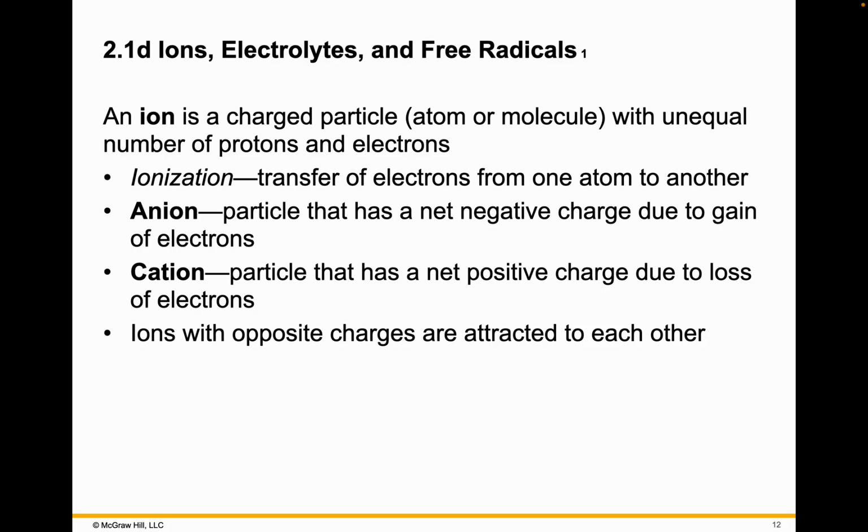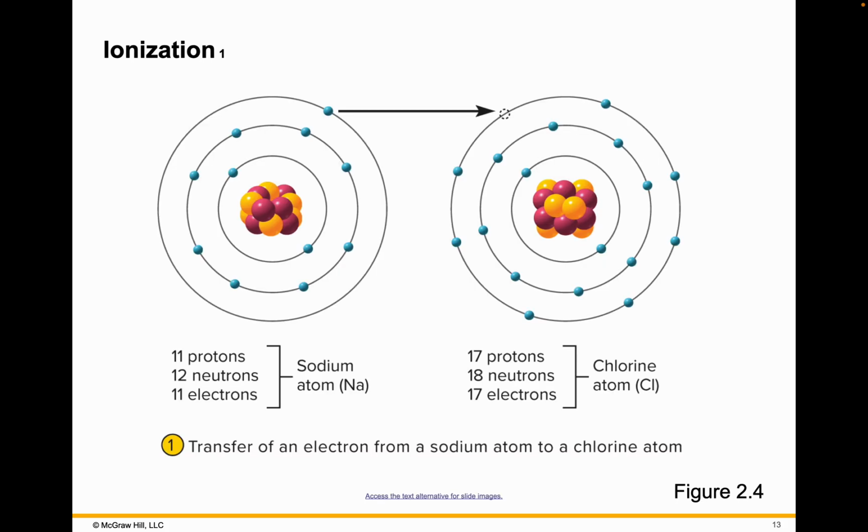And as you know, positive and negative charges are attracted to each other, so ions with opposite charges are attracted to each other. If we have a sodium atom with 1 electron in its outside orbit, and it gets rid of that electron, it will leave it with a second orbit being its outside orbit, so it will have a full outside orbit.